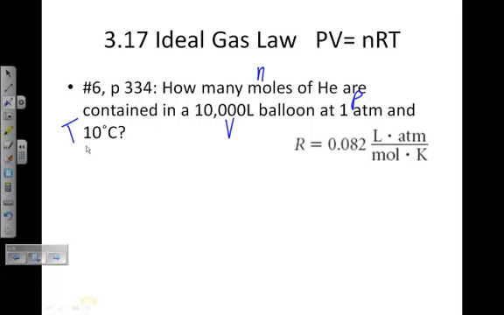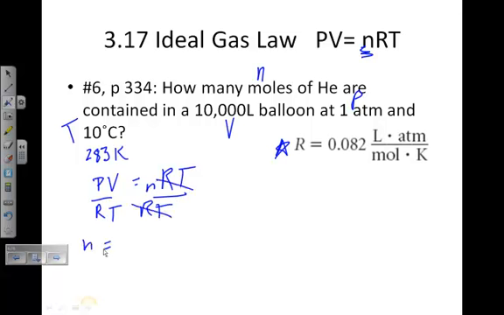Note that this has to be converted to Kelvin, so we'll go ahead and do that. 283 Kelvin. So we have R here. That's a constant that would be given to you on a formula sheet. So we simply need to solve for N here. Okay, so start with PV equals nRT, dividing both sides by RT.